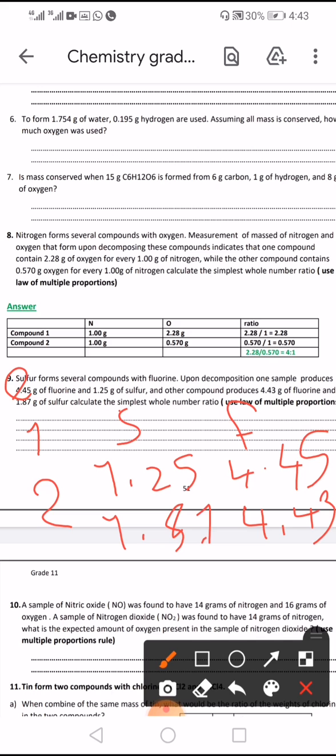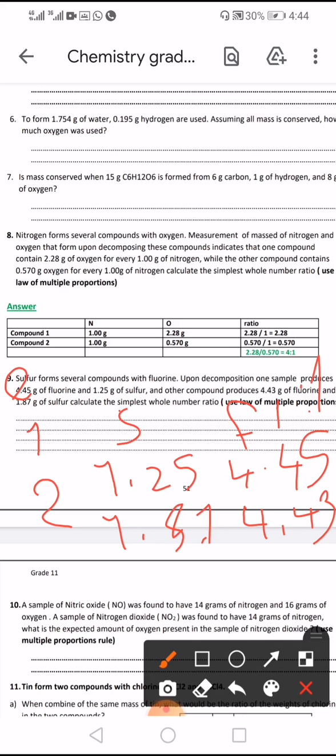In fluorine the ratio will be 1 to 1, as 4.45 divided by 4.43 will be 1, and also 4.43 divided by 4.43 will be 1. So the ratio of fluorine is 1 to 1. What about sulfur? Here, which one is the smallest number, 1.25 or 1.87? 1.25.